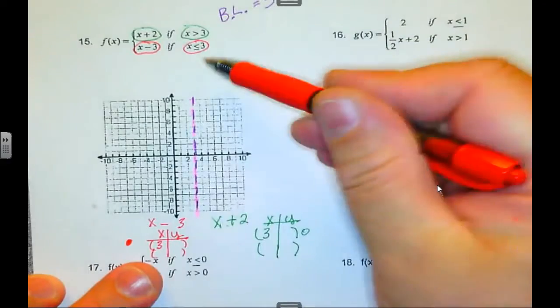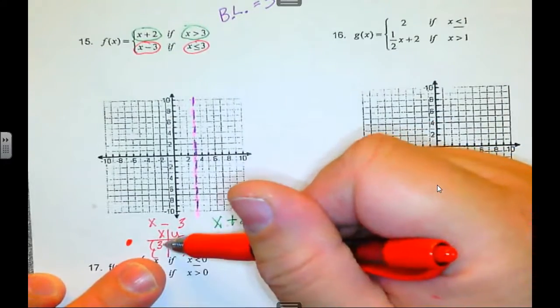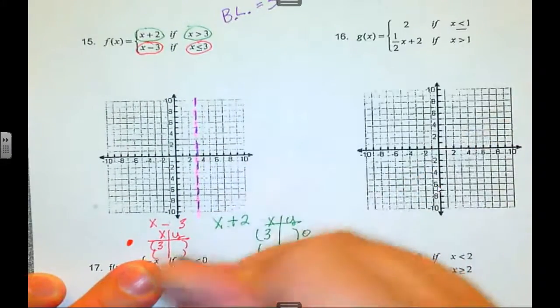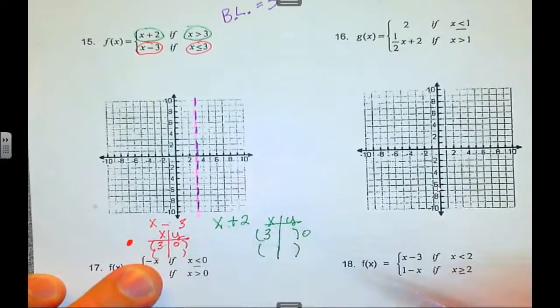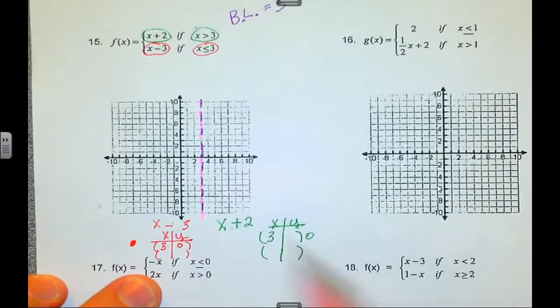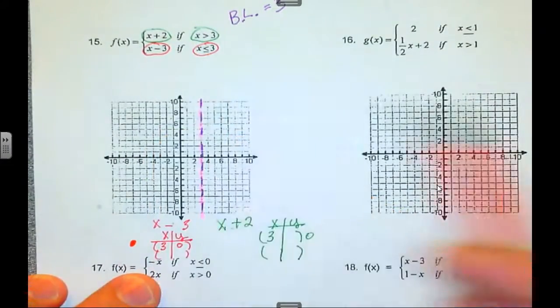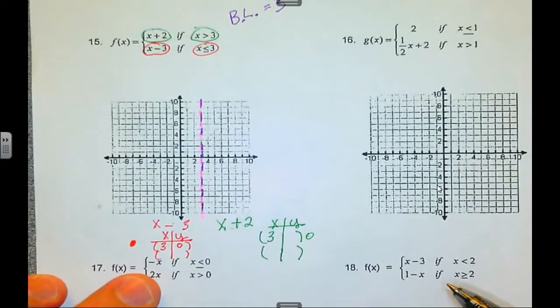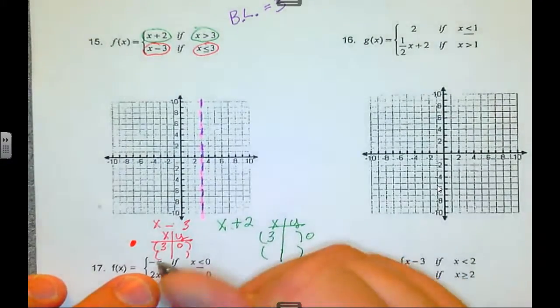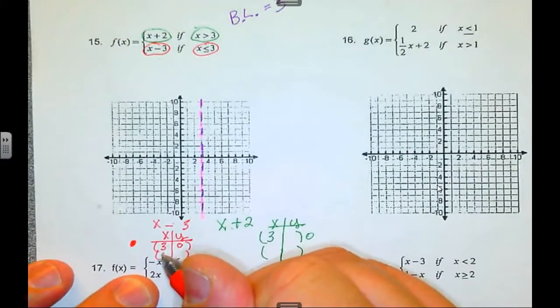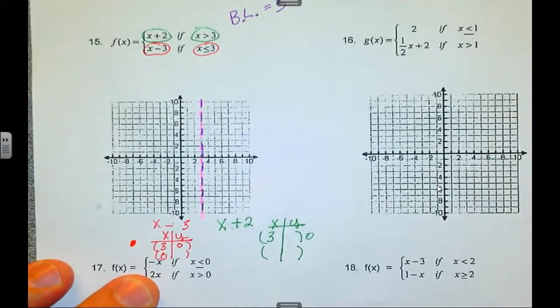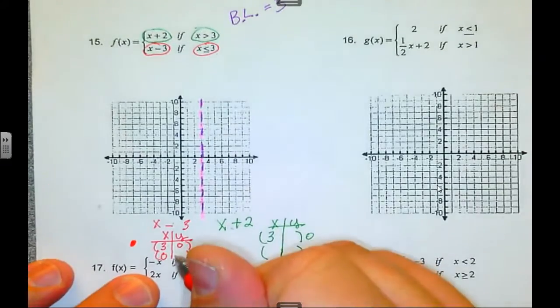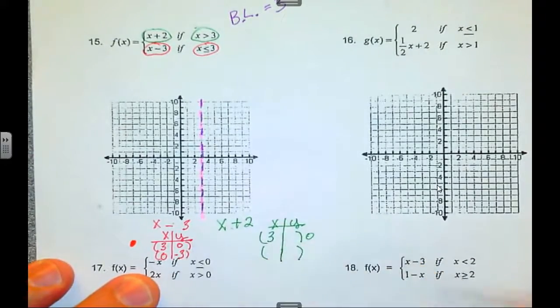Let's start with the bottom one. If x is 3, 3 minus 3 is 0. I got to choose a number that's less than or equal to 3. I always like to choose 0. If I can use 0, I'd like to use 0. So I'm going to choose 0. It's less than 3. 0 minus 3 is negative 3.